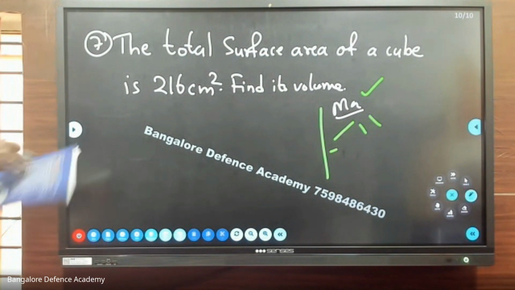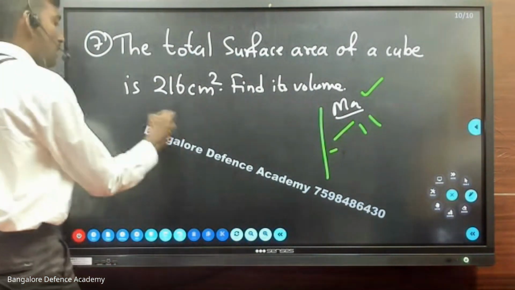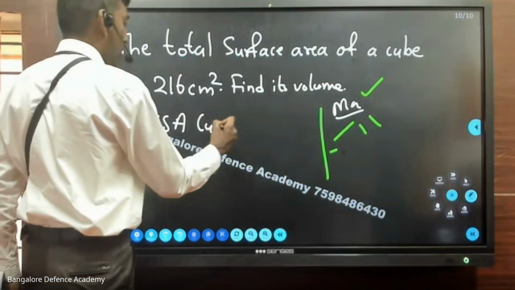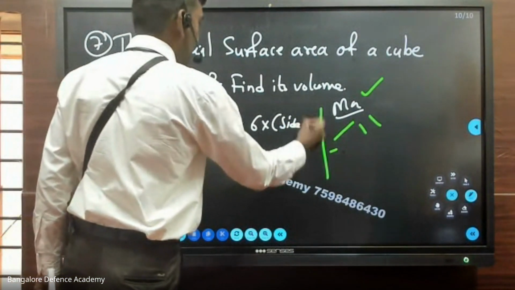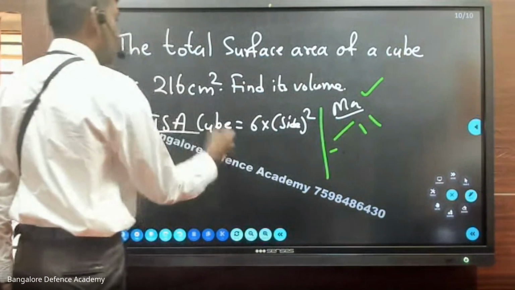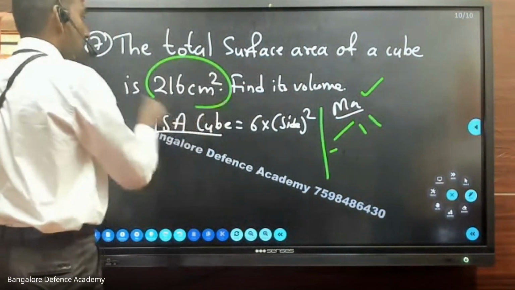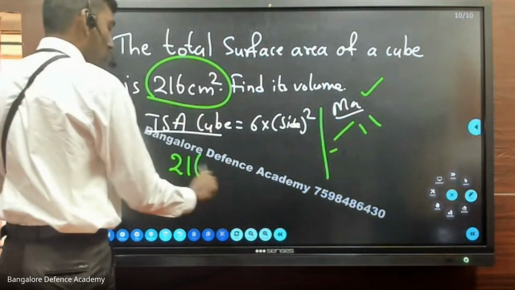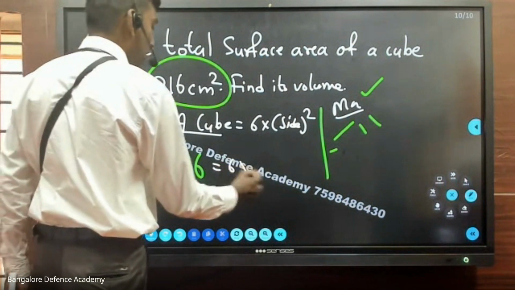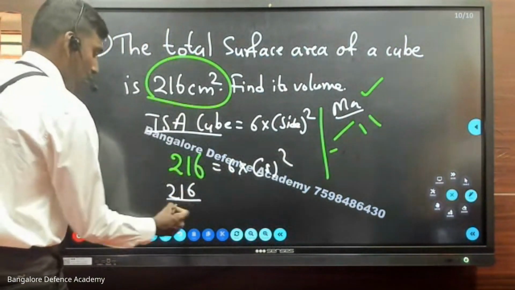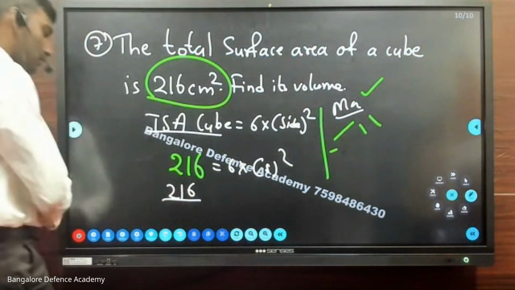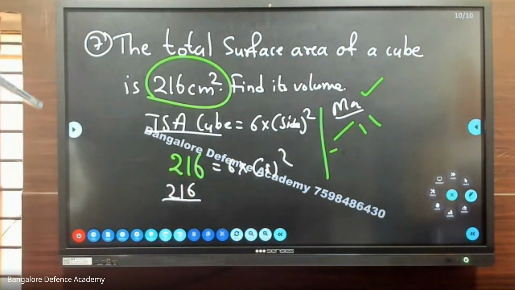It's easy. Now see, what is the formula for total surface area of a cube? 6 into side square. Correct? Total surface area given here is how much? 216. So write down 216 is equal to 6 into side square. 6 comes down, that means 216 by 6. How much is it? 36.